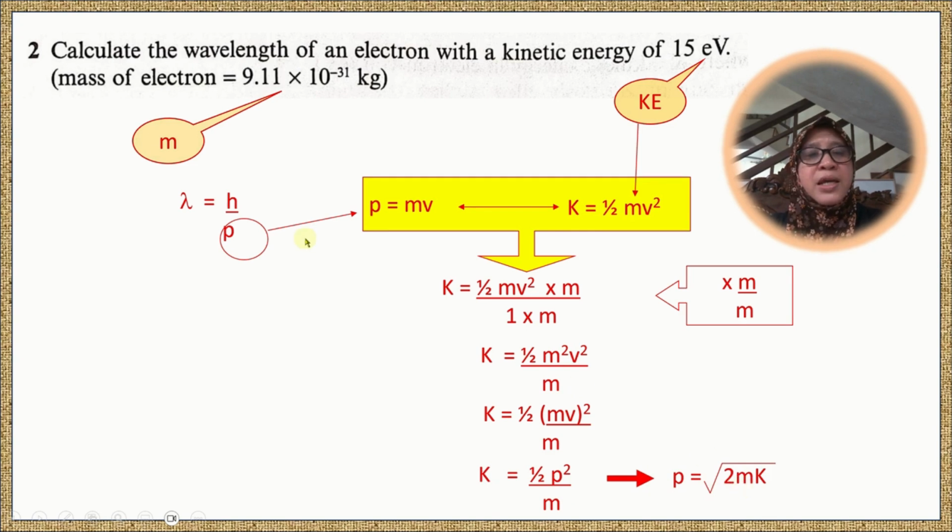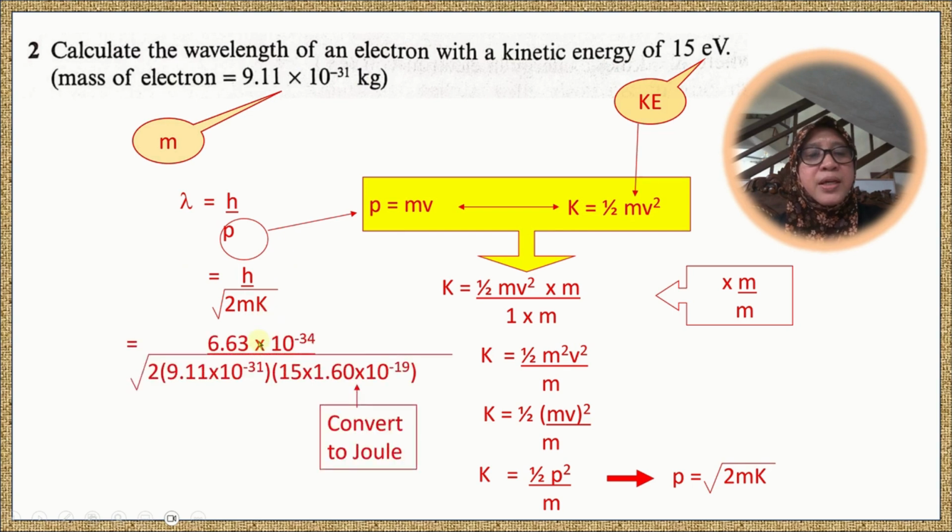Now we combine with the de Broglie wavelength and we get a new equation: wavelength equals the Planck constant divided by the square root of 2mK, where m is the mass and K is the kinetic energy. Now we substitute all the values given.